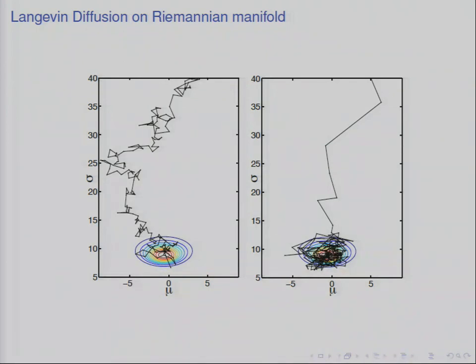Now, if I use the proposal mechanism based on the standard Langevin diffusion, where I have just defined it in a Euclidean coordinate system, then here is my Markov chain. Starting from the point sigma, mu, 45, we see this nice random walk, right? We also see that the average value of the step size is roughly constant.